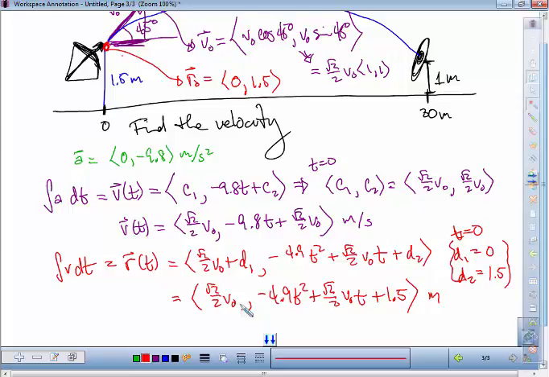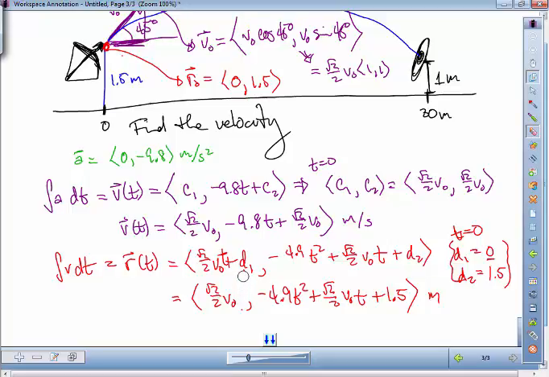Pardon me? Oh, he was asking why this disappeared, and it turns out that d1 was equal to 0. How come there's no t on the v naught? Oh, because you couldn't see it really well. It's right here. Thanks.